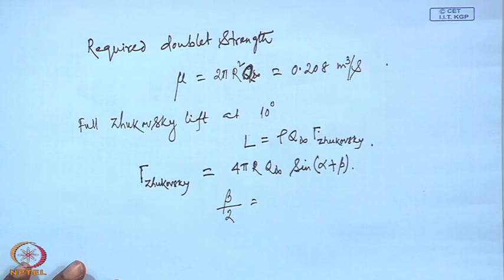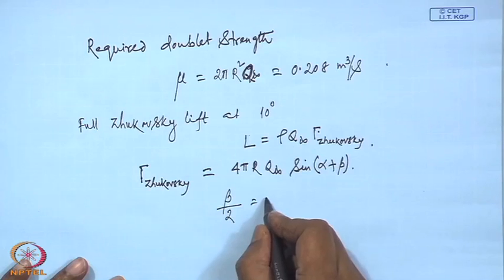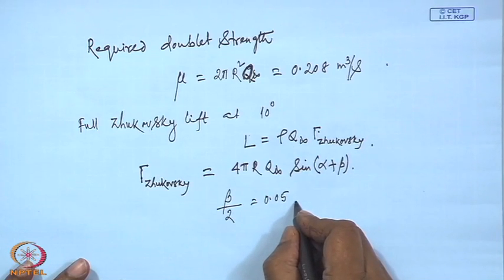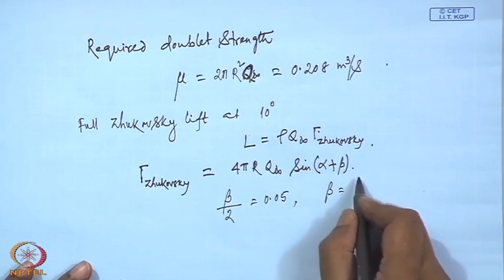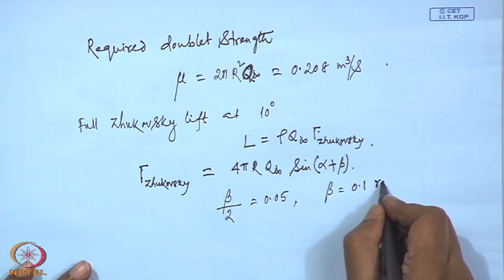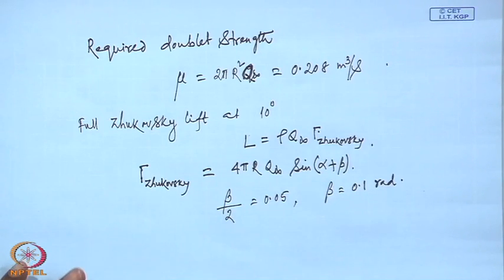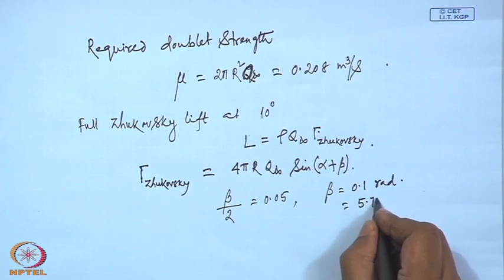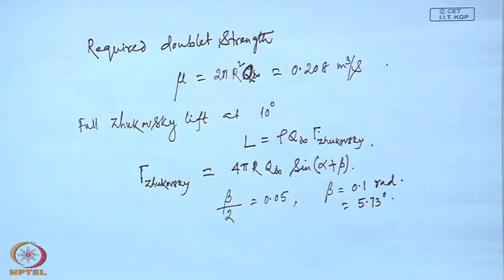Not 5, that is percentage. 5 by 100, 0.05. So, beta is how much? 0.1 radian. That equal to approximately 5.73 degree. So, now we can put that value.